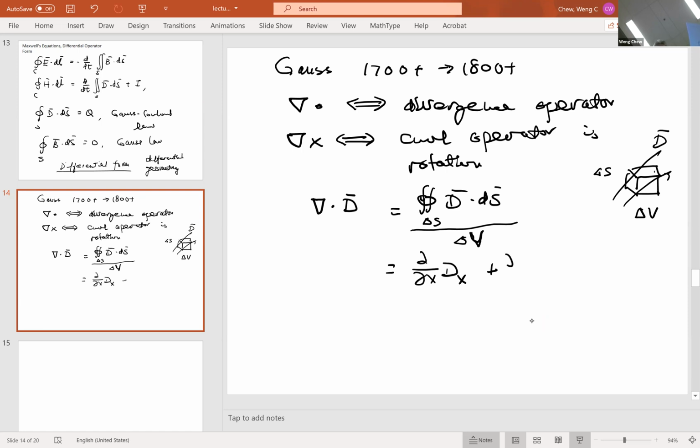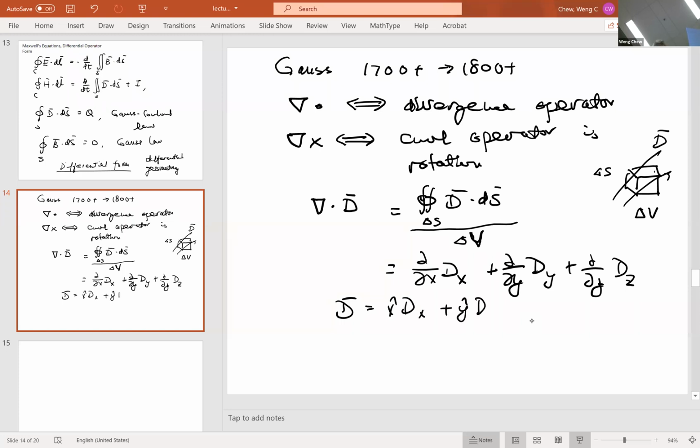If we assume that the vector D has 3 components, this is the notation that we will use in this course. Vector D in the Cartesian coordinate is denoted this way. The x hat, y hat, and z hat are unit vectors in the Cartesian coordinate system.